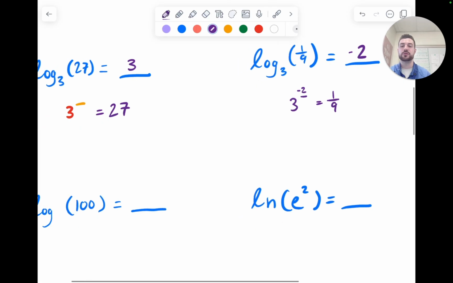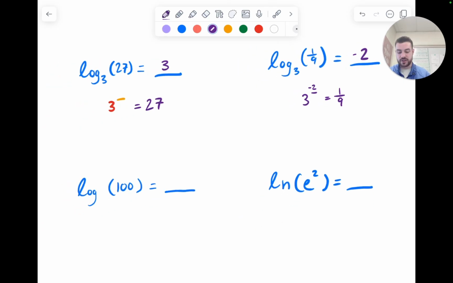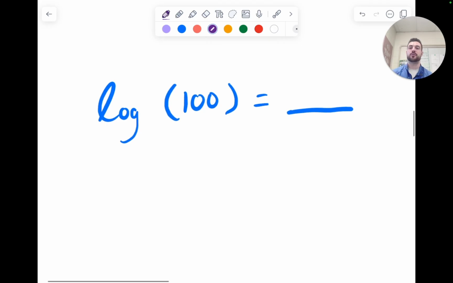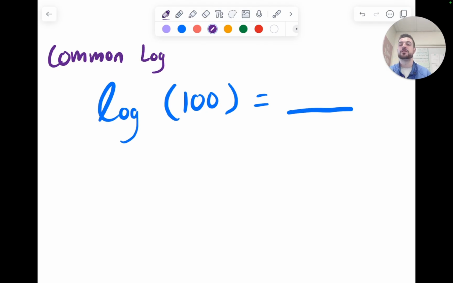Now, we've got a couple unique cases down here. If you take a look, this one looks just like the problems we were previously working on, except there is no base written here. Now, this is what we call the common log. And essentially, it is the exact same thing, except there's no base written, but that base is actually 10.